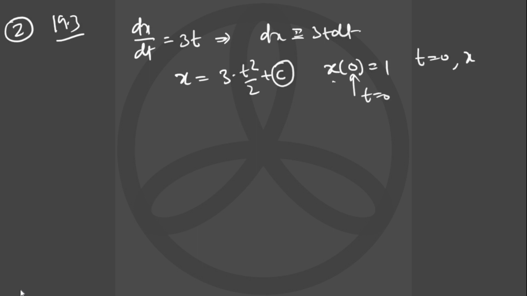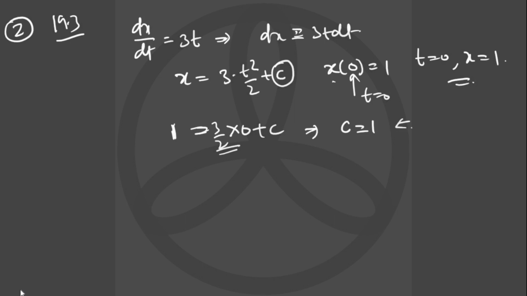When t is equal to 0, x is equal to 1. We substitute this here, and at t is equal to 0, we get 3 by 2 times 0 plus c, and x will be 1 at this point. This term becomes 0, and we get c is equal to 1. Simple.